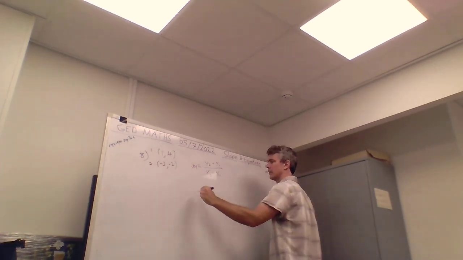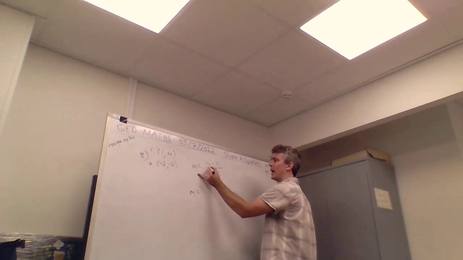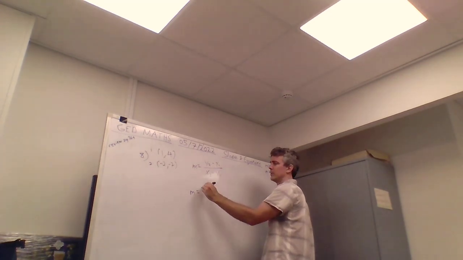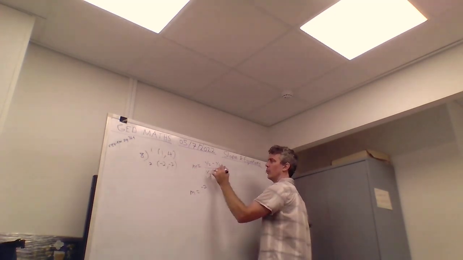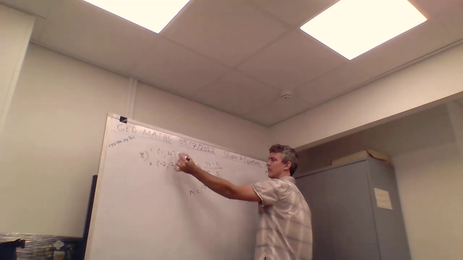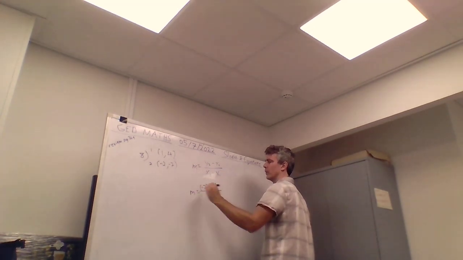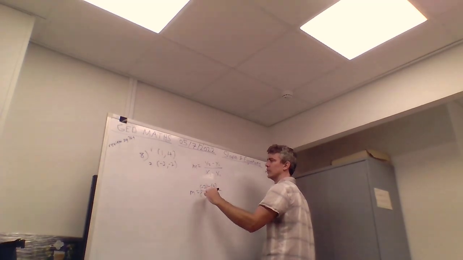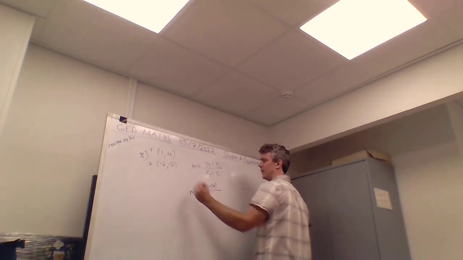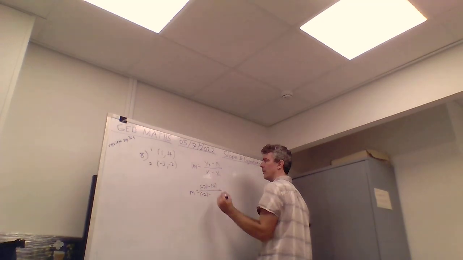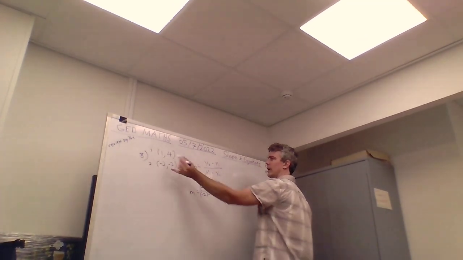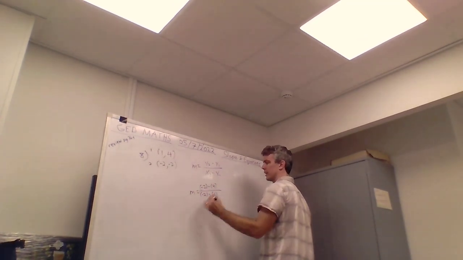Fine. So m, what is y2? -2. This one, right? What is y1? 4. I'm going to put it in brackets just so we can be clear what we're doing. Okay. What is x2? Also -2. Minus, and that is 1. We'll put that in brackets. Okay.